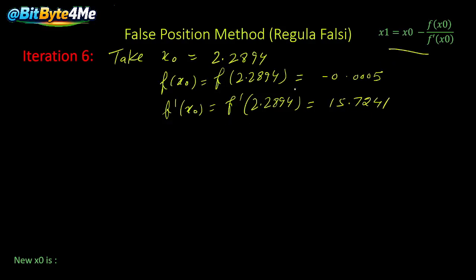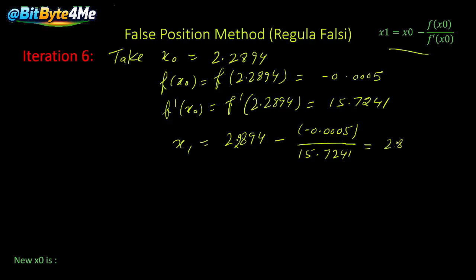Calculate the value of x1 by using this formula. We will get x1 is equal to 2.2894 minus 0.000005 over 15.7241, which comes out to be 2.289404.